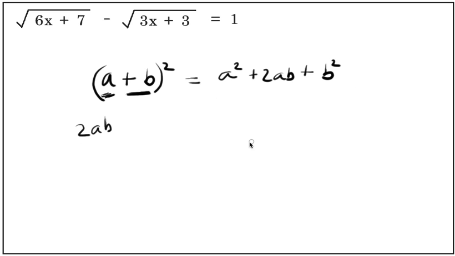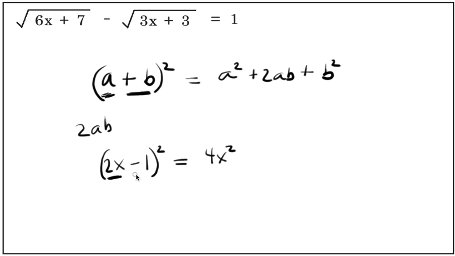Okay, so we need to work one of these. Let's try this one right here. The quantity 2x minus 1 being squared. Can I do this using the shortcut method? And yes, it's quite easy. The first term squared will give me 4x squared.